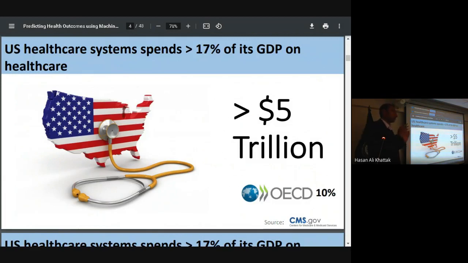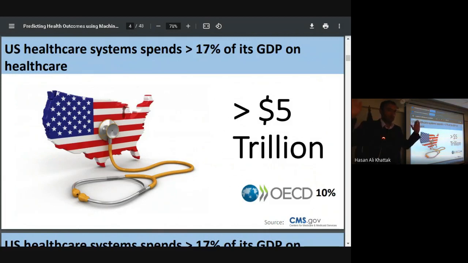17% per year, which is around $5 trillion. And the OECD countries, the developed countries from Norway to Denmark and all, in combined they are spending around 10% of the 5 trillion, right?